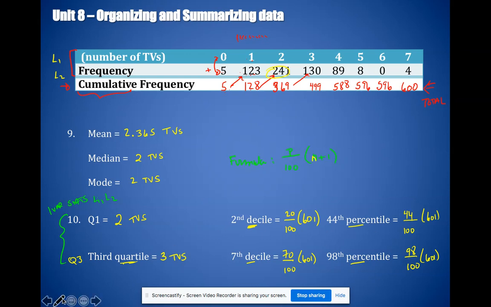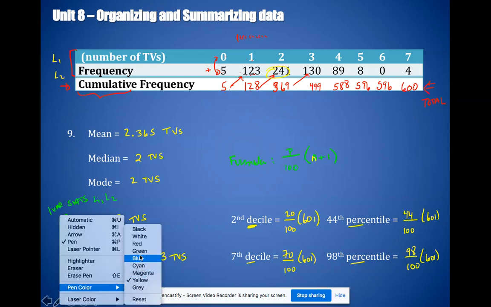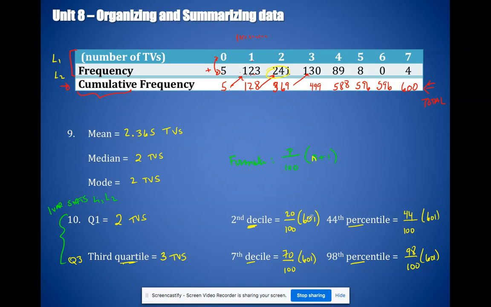So when I did these calculations, I wanted to make it relative to my data too, right? So this one was 120.2. So 120.2, where would that be? 120.2, look at your frequency. 1 TV, right?